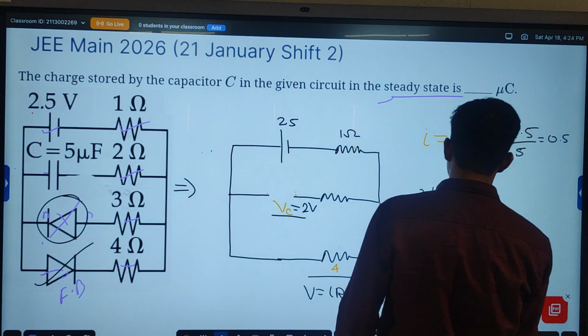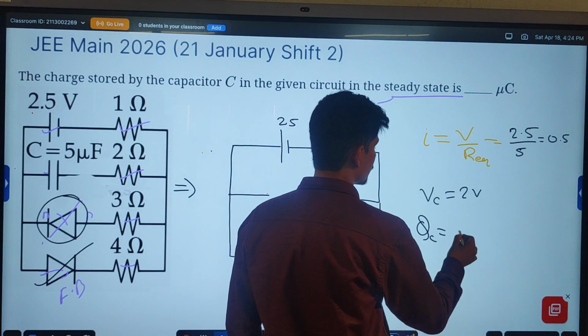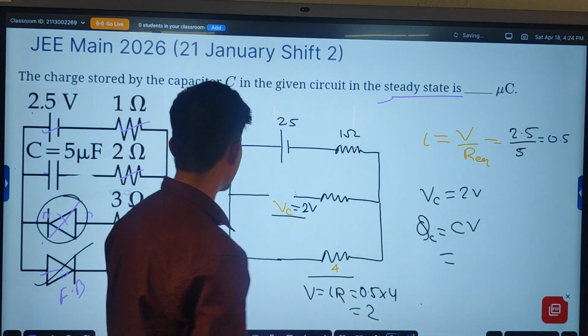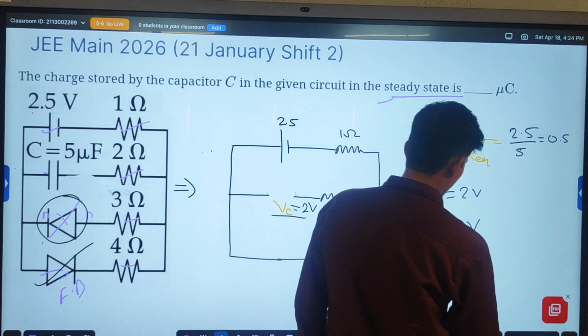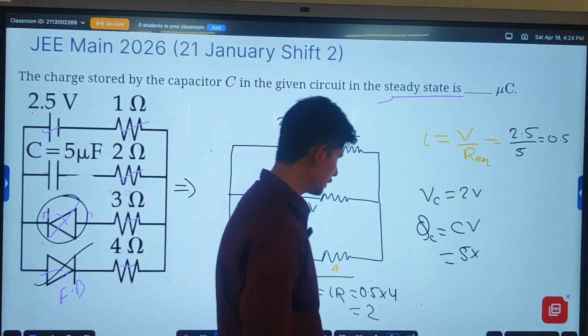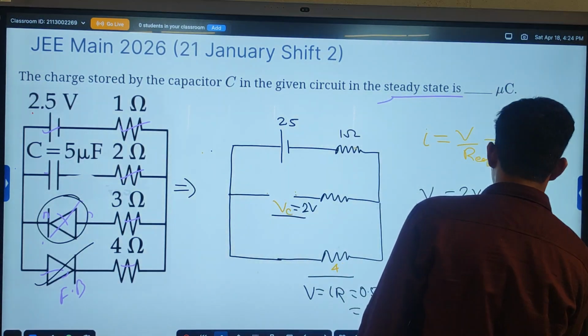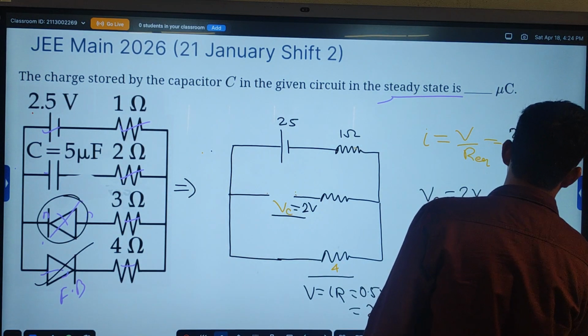We have to find the charge across the capacitance. Charge is equal to CV. C is given as 5 microfarad, potential is 2. So 5 into 2, which is 10 microcoulomb, comes out to be the answer.